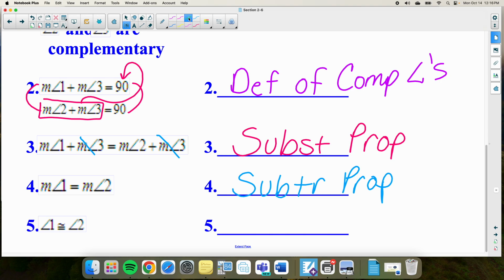And then for the last step, what they did is they took the m's off and they added the squiggly. That is definition of congruent angles. So whenever you take the m's off and add the squiggly, or take the squiggly off and add the little m's, that's definition of congruent angles.